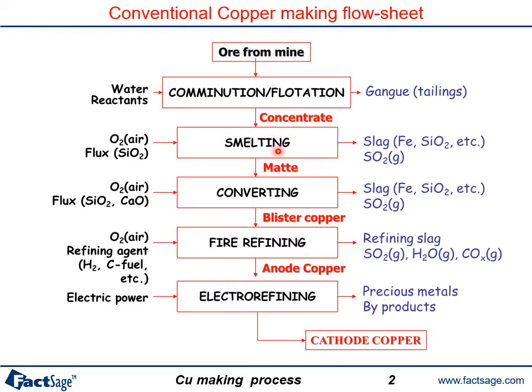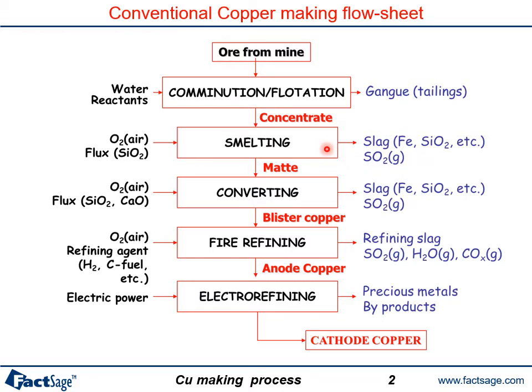And when it goes to the smelting process, the copper-containing sulfide minerals react with oxygen and some additional flux. And by doing so, you can remove the iron from the copper mineral in the form of the slag, FeO, SiO2 slag typically, and then a lot of the sulfur can also be produced as SO2.